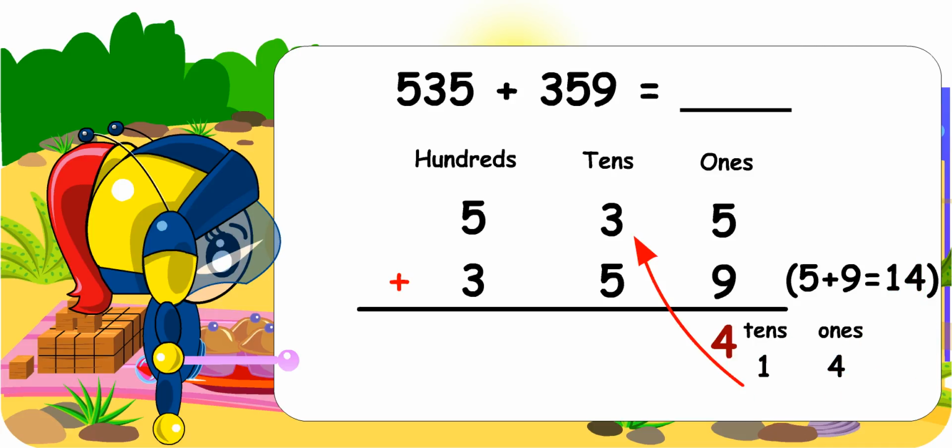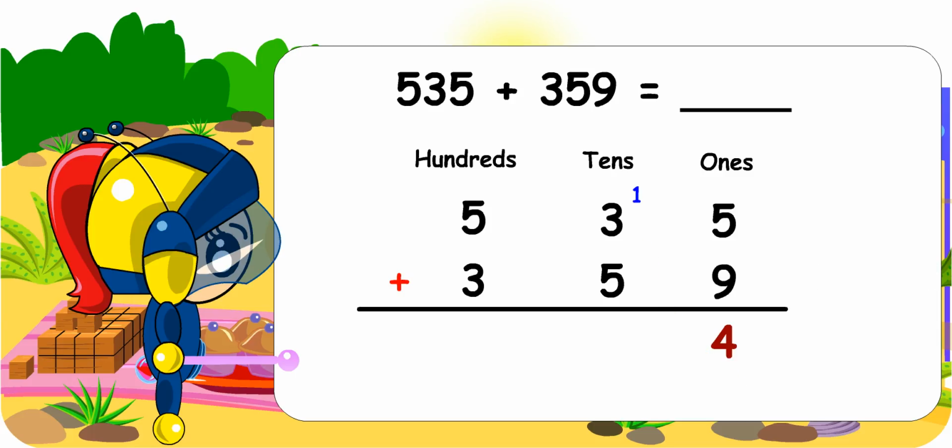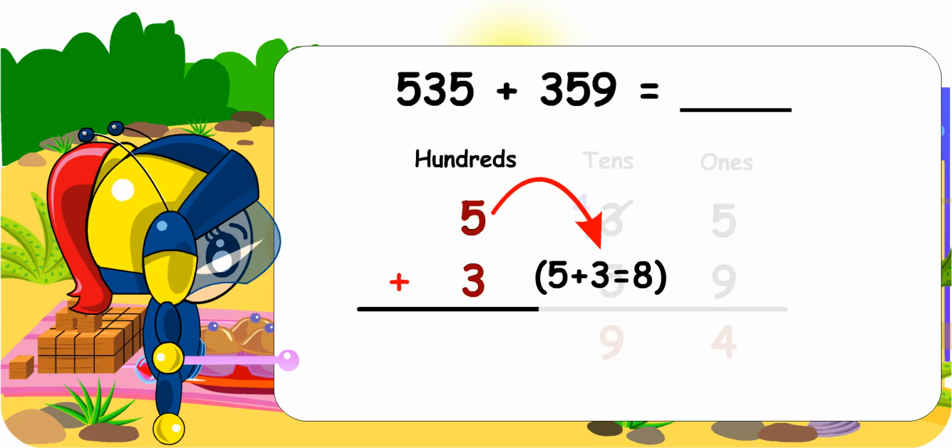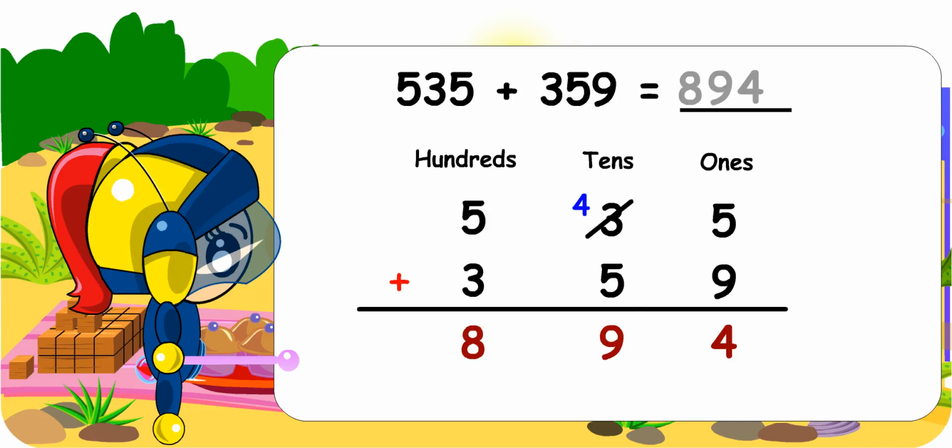Then we carry 1 ten over to the tens place and add 3 tens to it to get 4 tens. Then we take 4 tens plus 5 tens to get 9 tens. Finally, 5 hundreds plus 3 hundreds and we get 8 hundreds. The final answer is 894.